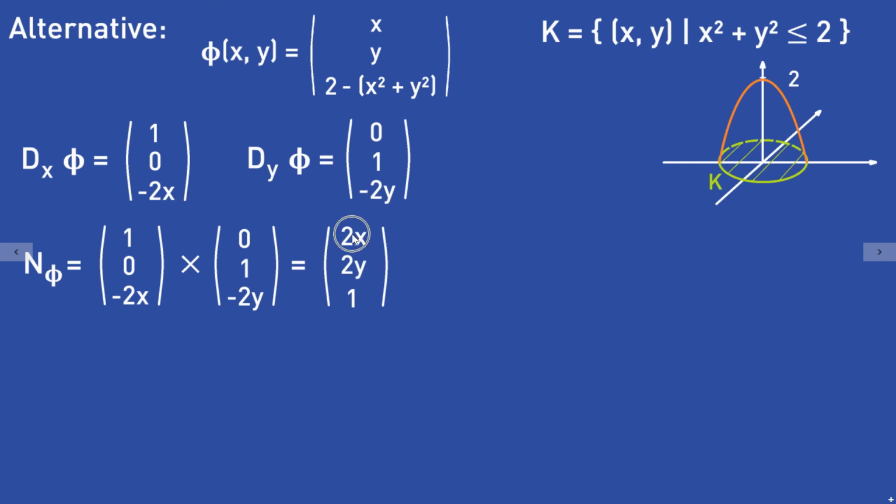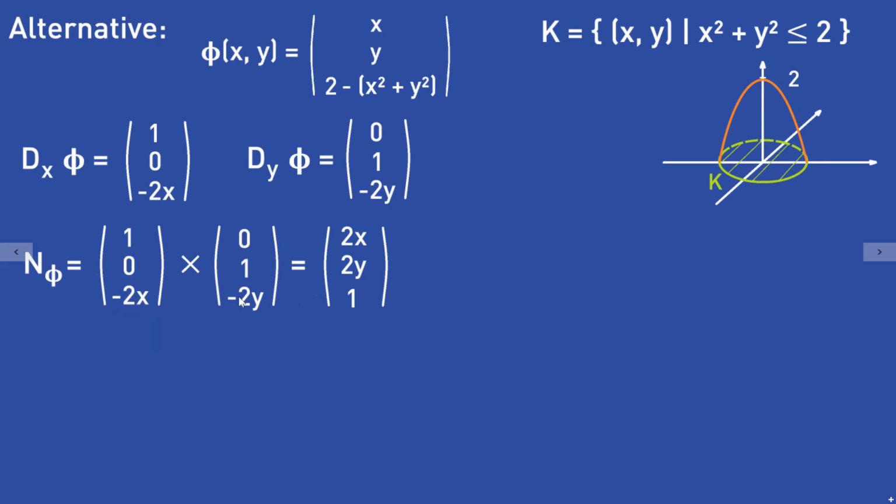So for the first entry of the cross product vector, you have to ignore the first line, and then you have to calculate 0 times minus 2y minus 1 times minus 2x, which is 2x. For the second entry, you have to ignore the second line here, and then you have to calculate 1 times minus 2y, which is minus 2y, and a multiplication with 0.